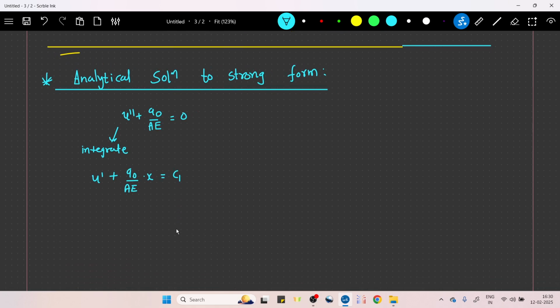Further integration, I get u plus q0 by AE times x square by 2 is equal to c1x plus c2. So these are the two equations I have.